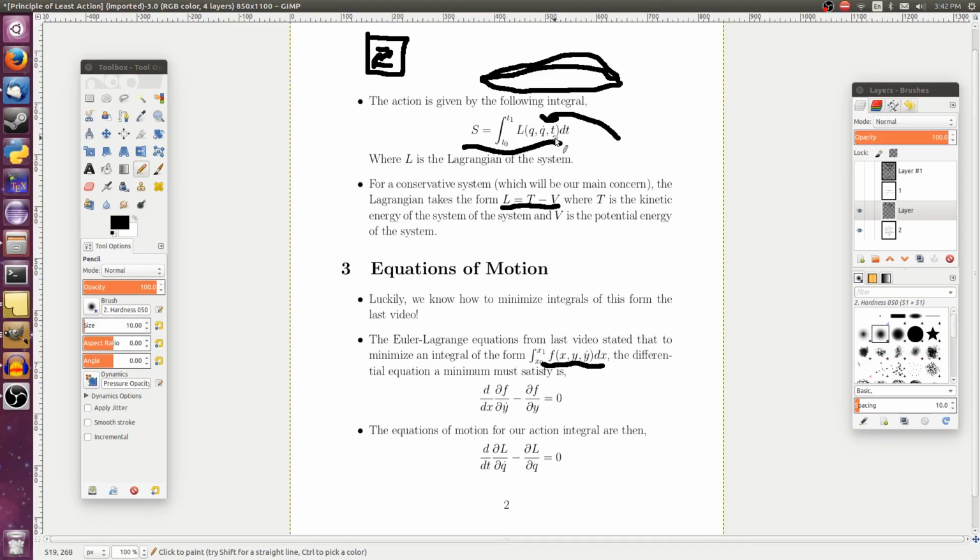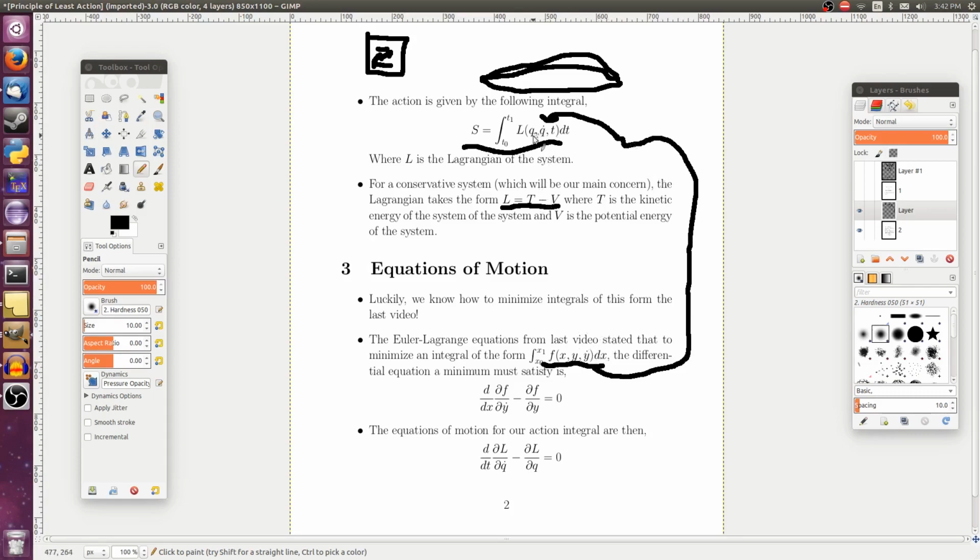Now, for a conservative system, which we'll show in the next video, the Lagrangian won't be a function of time. So, we pretty much have the same thing here as we do here.